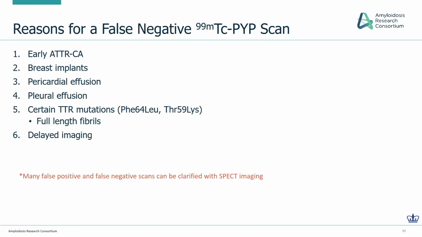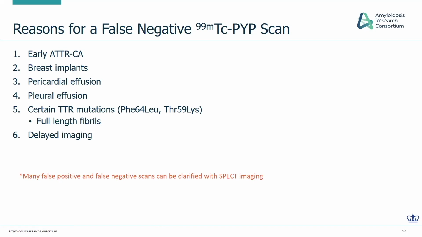And then again, false negative scans can occur in the setting of early disease. We saw a case of breast implant, not a case of a pericardial or pleural effusion, but both of those can obscure penetrance, if you will, of the isotope, and certain mutations, as well as forgetting to image quickly.